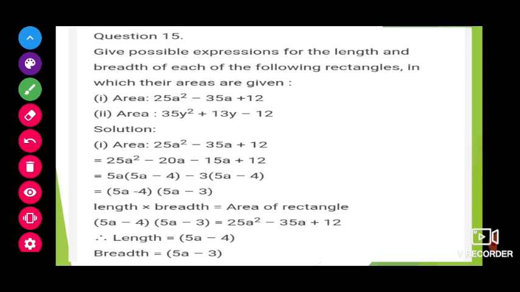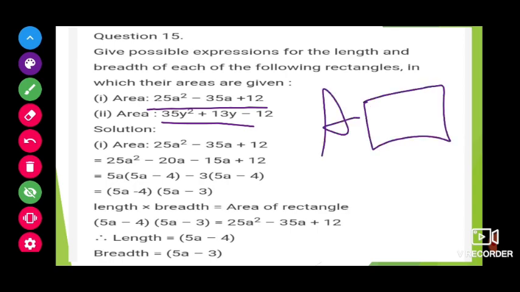Next, give possible expressions for the length and breadth of each of the following rectangles whose areas are given. Here they have given the areas of a rectangle, which means we have to write the length and breadth. How do we get the area of a rectangle? Area will be length into breadth.